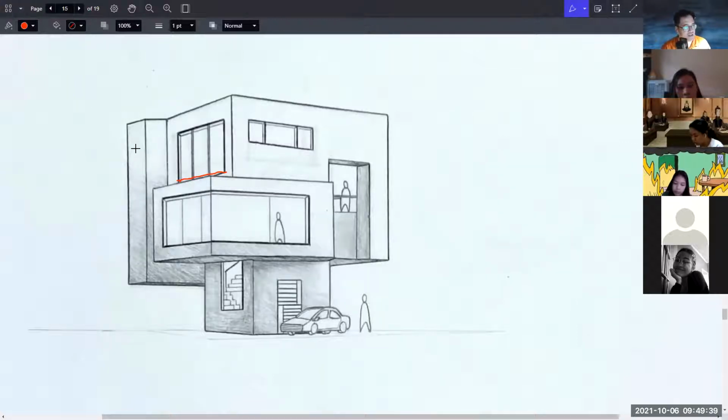Yung thicker line, like this one, is there a reason why you have this thickened? Parang sa design related po yun sa window. Paano? Na design na makapal. No, the framing of the windows are actually inside.